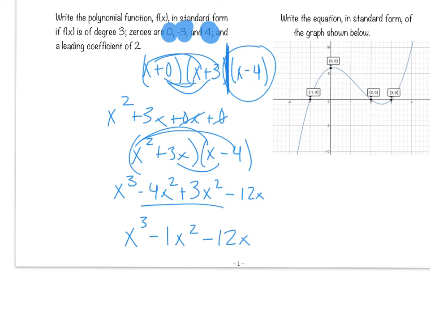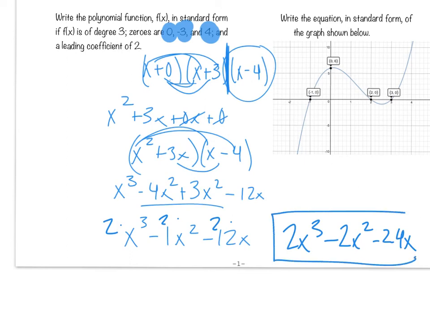Well, there's where the problem is. I don't have a leading coefficient of 2, but I could just make my leading coefficient 2 by simply multiplying everything by 2. So I get a final answer of 2x to the third minus 2x squared minus 24x. And that is how you go backwards once again.